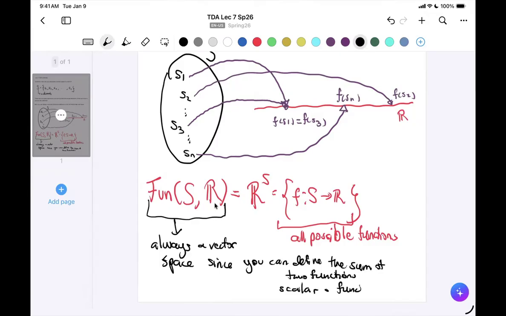And that's all that you need for a vector space, if you think about it. What is a vector space? It's a set where you can define a sum and where you can multiply elements of that set by a number. And that's something you can definitely do with real valued functions. Okay.